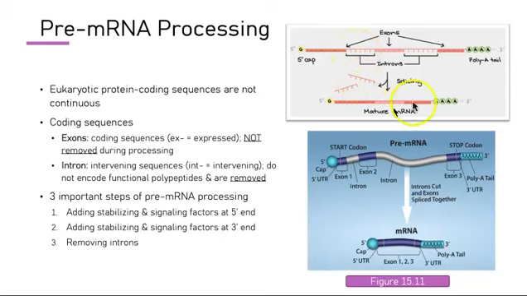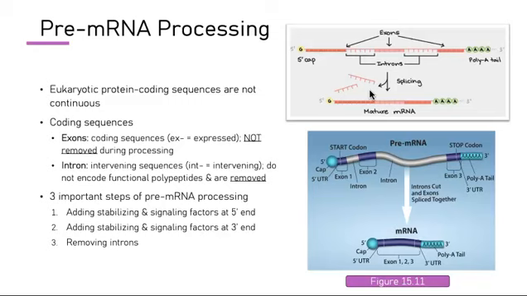But once we do go through the removal process, which is called splicing, and we'll talk about that more in a couple slides here, it is going to be vital that we remove the introns properly, because we don't want any extra nucleotides hanging around. As we discussed in previous sections, this is going to change the coding for what amino acid is going to be attached to our polypeptide.